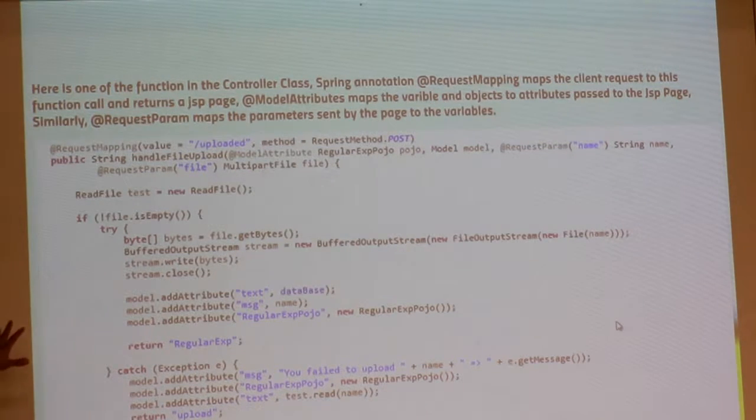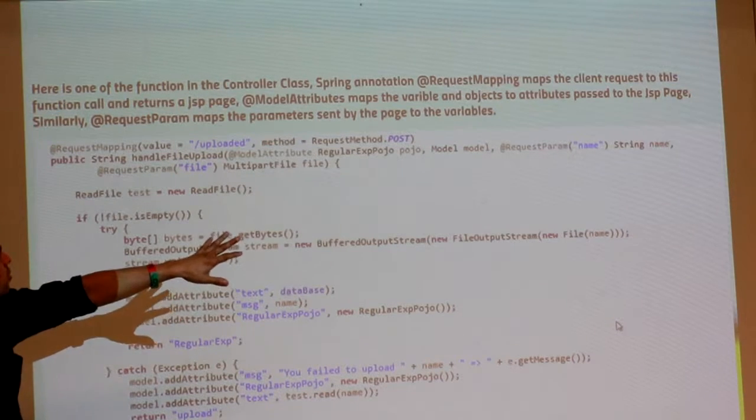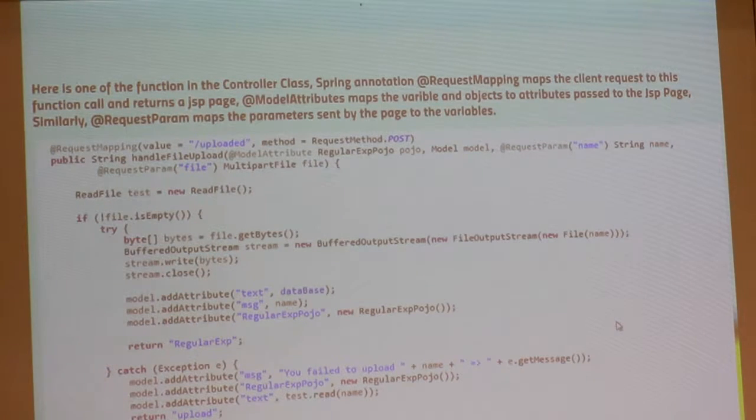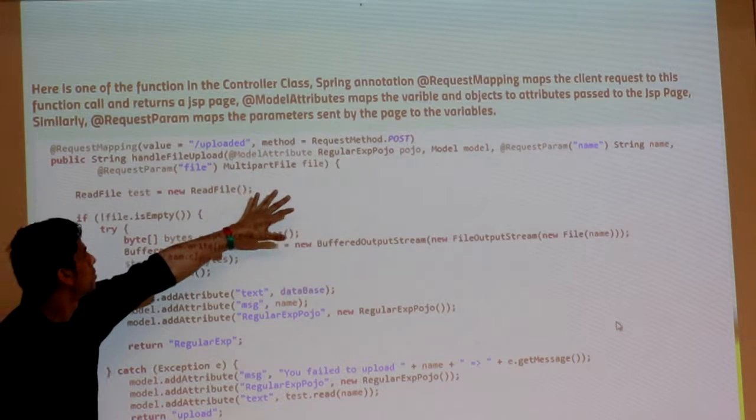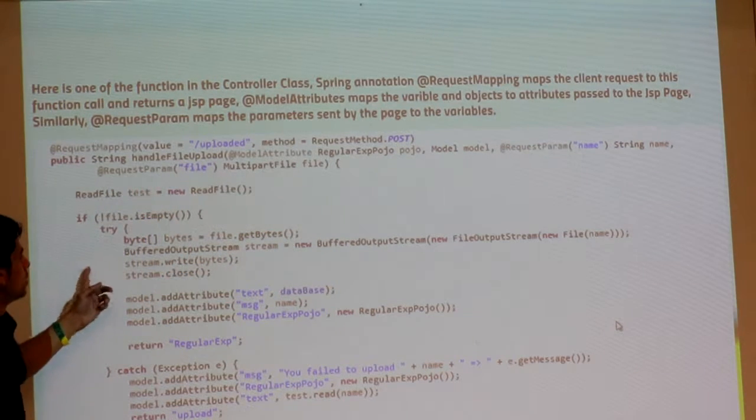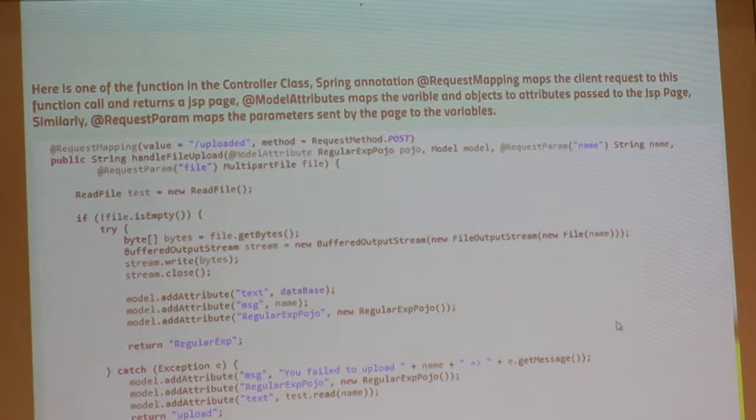You can either pass a single variable with the request param or a class. Like in this one, we are uploading a file, so we're using a multipart file as a request param. When the user uploads a file, the servlet stores the file in its own local location. If something goes wrong, obviously we have try, catch, exceptions. This is a very nice example of how to handle a request.